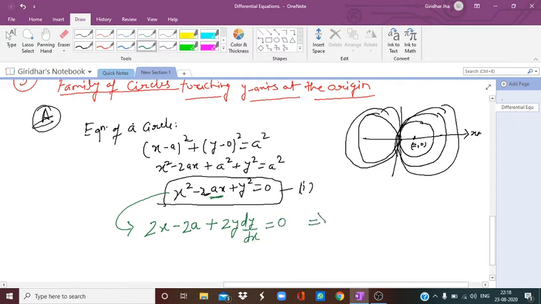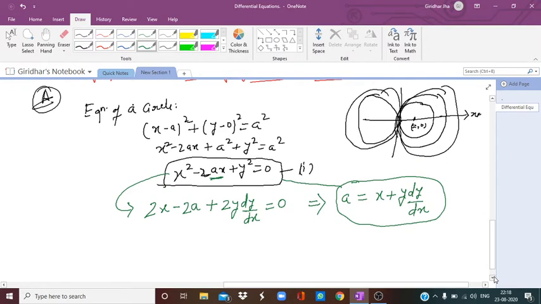From here we can get the value of a. So the value of a will be, because we have to eliminate it, x plus y into dy by dx. This came as a. Fine. This value we now have to substitute into equation 1. Then only a will be eliminated.